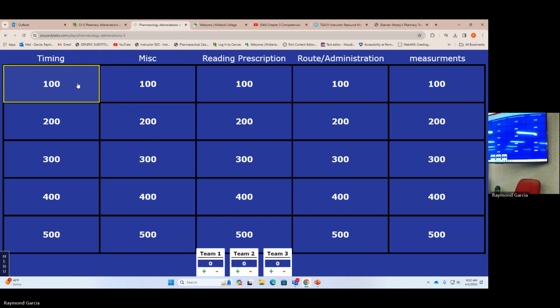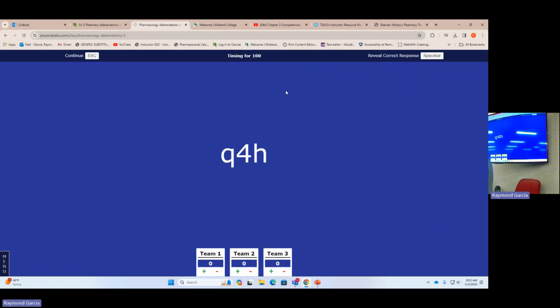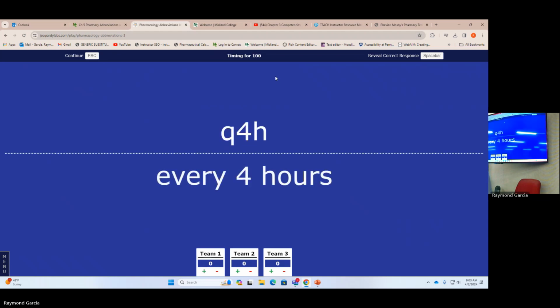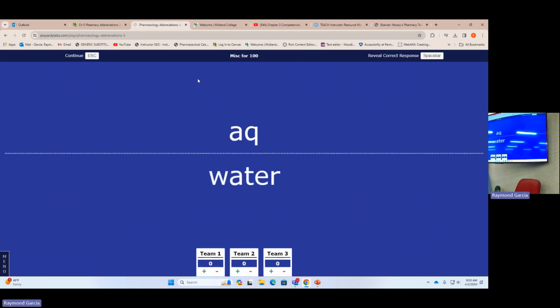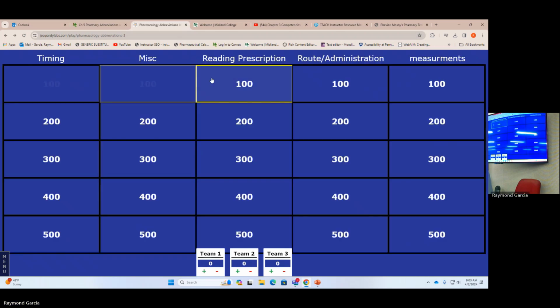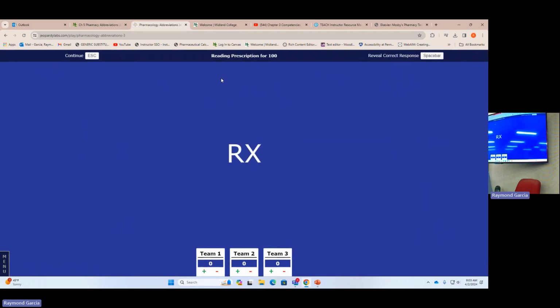So that was the first one. Every 4 hours. I don't know if y'all have that one on you. Aqueous. It means water. AQ means water. Oh, my bad. RX, prescription or to take.